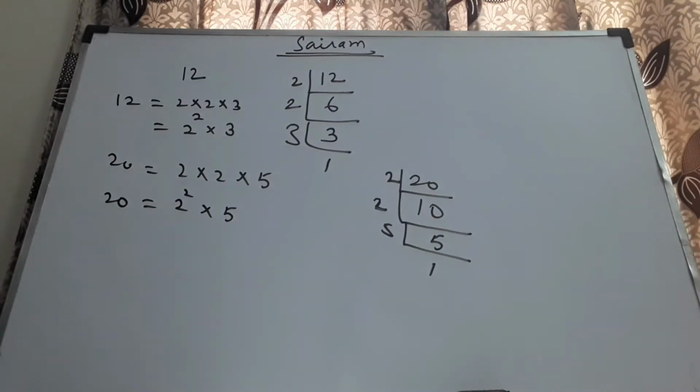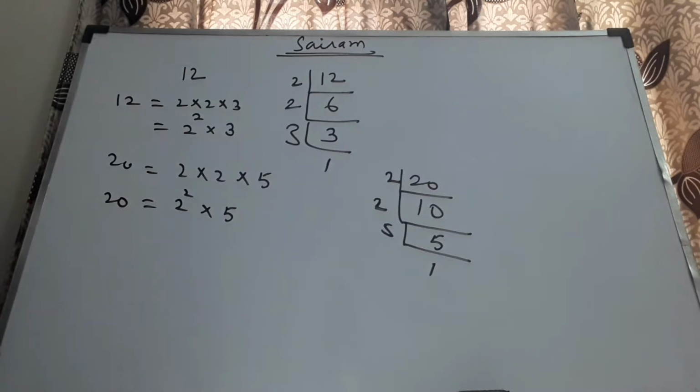Therefore, I repeat, a number which has only 2 factors, namely 1 and itself, is called a prime number. Other numbers are called composite numbers. Therefore, 2, 3, 5, 7, in fact 11, 13, 17, 19, such numbers are called prime numbers.